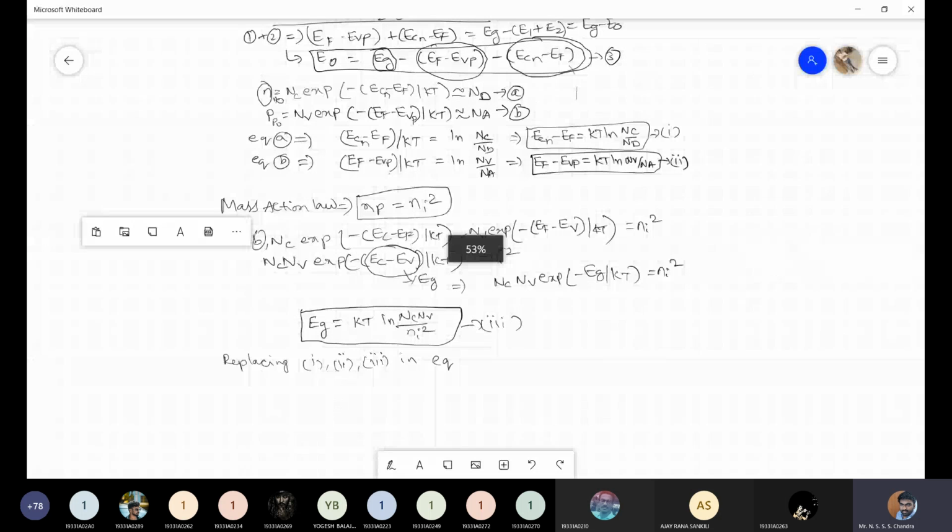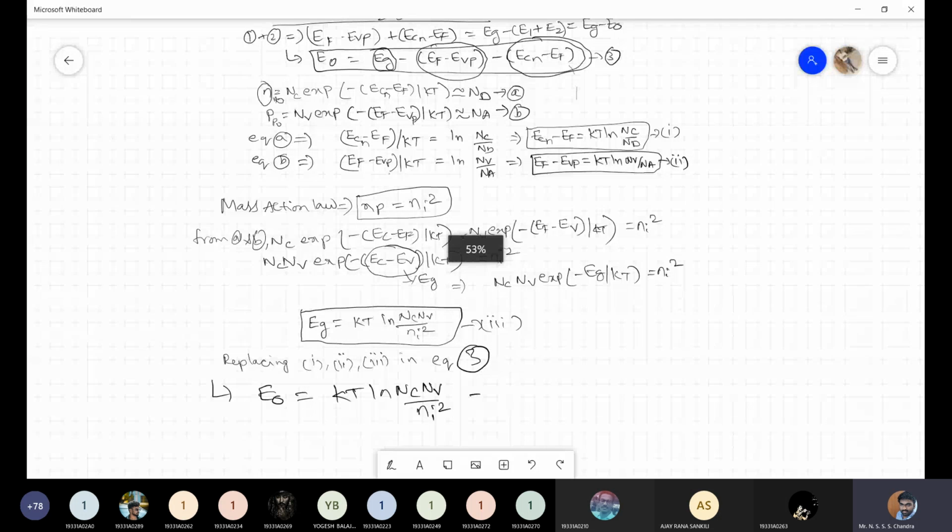From equation 3, we'll be getting E naught equal to kT log (Nc Nv by Ni square) minus kT log (Nc by Ev p), Ef minus Evp equal to kT log (Nv by Na) minus kT log, and again you have Ecn minus Ef.